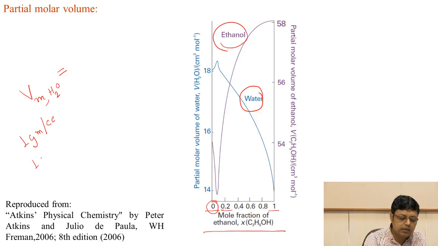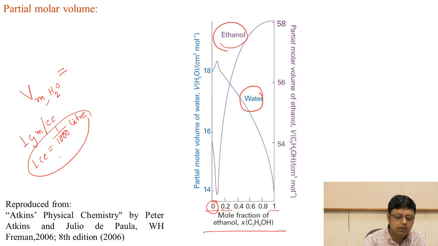So 1 liter of water means 1000 cc of water, and the weight will be 1000 grams because the density is 1 gram per cc.